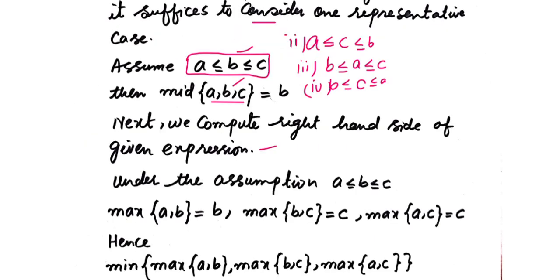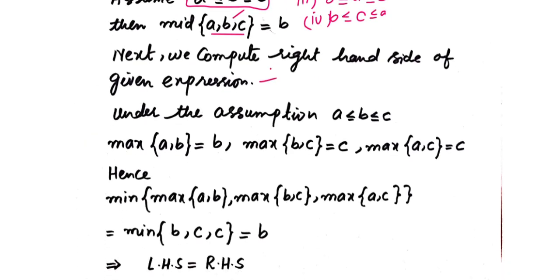Under the assumption A less than or equal to B, B less than or equal to C, the maximum of A, B is B, because B is greater than or equal to A here. Maximum of B, C is clearly C, and maximum of A, C is C under this assumption. Hence, by substituting, maximum of A, B is B, maximum of B, C is C, maximum of A, C is C.